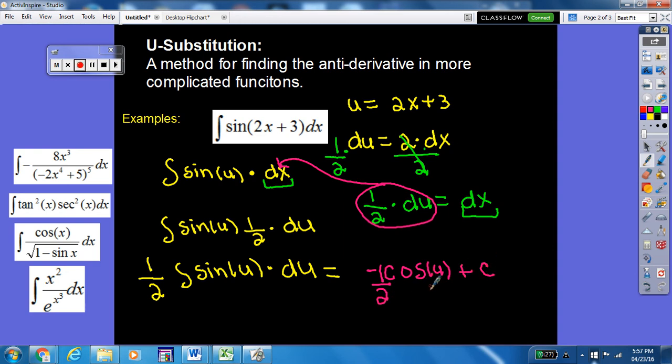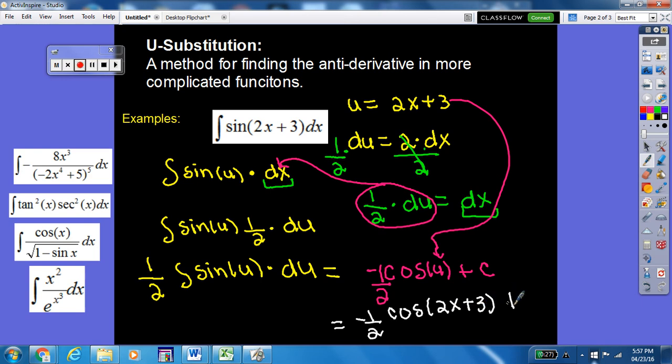I've now successfully taken the antiderivative, but I have to remember that in the beginning I didn't have u's, I had x's. So right here where this u is, I go back and say u is 2x plus 3. I replace u with what it originally said for my final answer, which is negative 1/2 cosine of 2x plus 3. And don't forget, plus c.